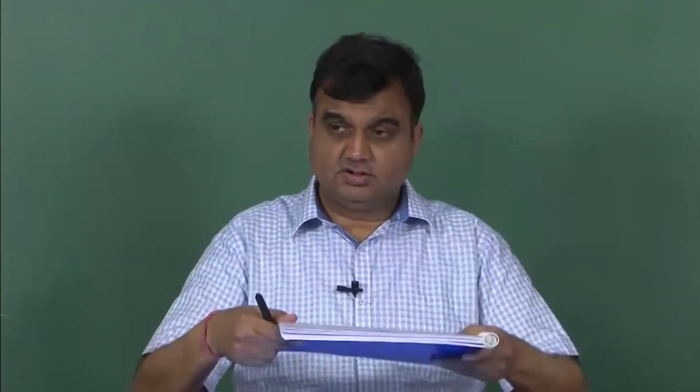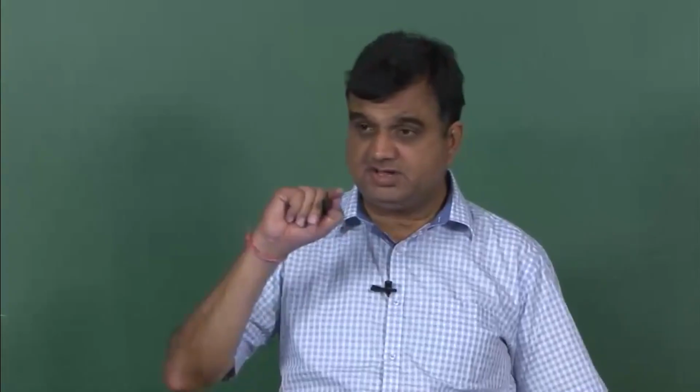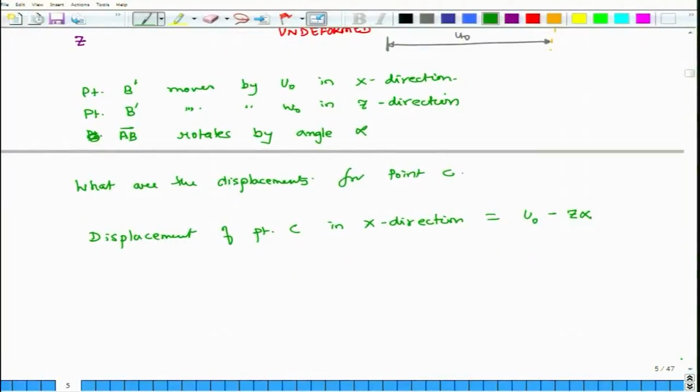So, point C will experience not only displacement in x direction, but will also experience displacement in y direction, and using a similar figure for the y direction, we can say that displacement of point C in y direction is equal to v naught minus z times, let us say the rotation of that vertical line AB in that direction is beta, then I can call it z times beta, whatever is the angle in the other plane.